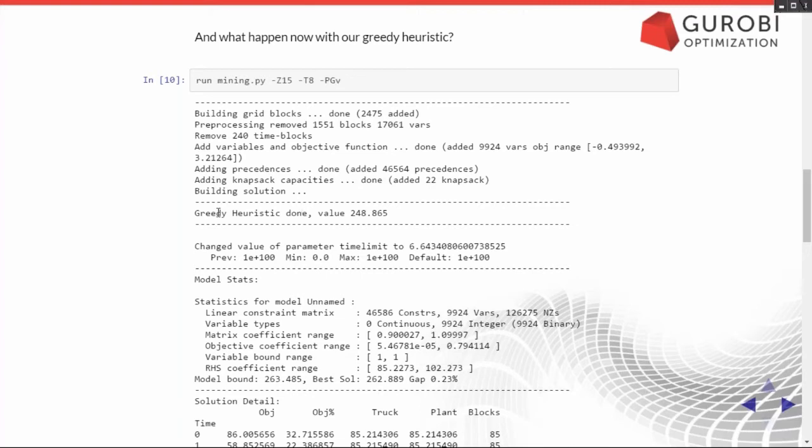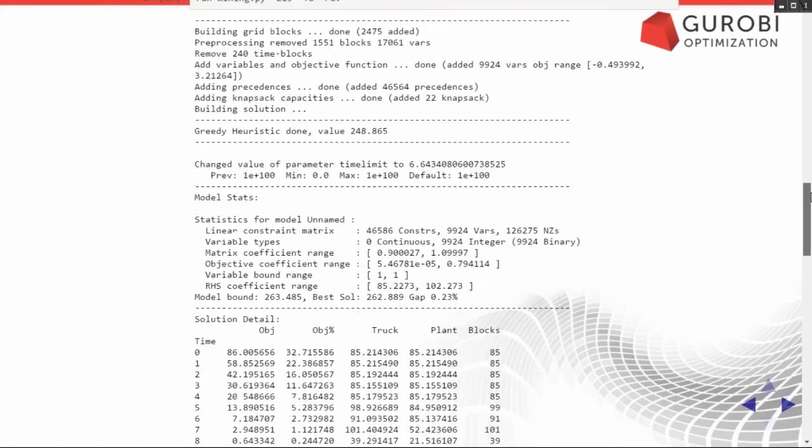So again, the greedy solution is 248, but now since the problem is much smaller, actually Gurobi is able to solve with the root relaxation, but not only solve it, it's also able to get a solution, a proven solution of 0.23%. So it improved the starting solution from 248 to this value of 262.